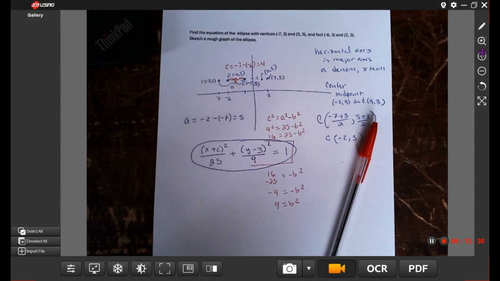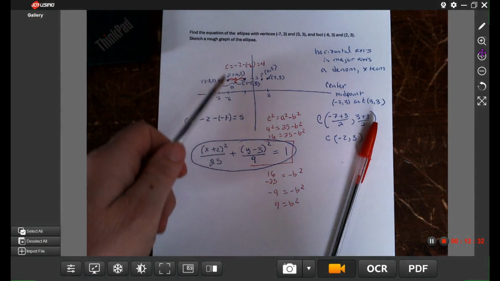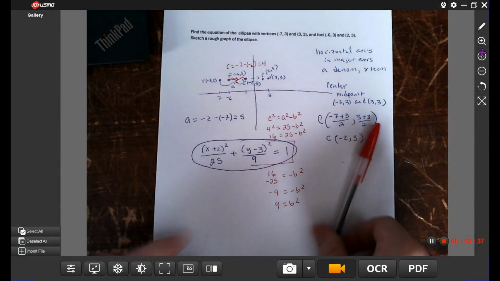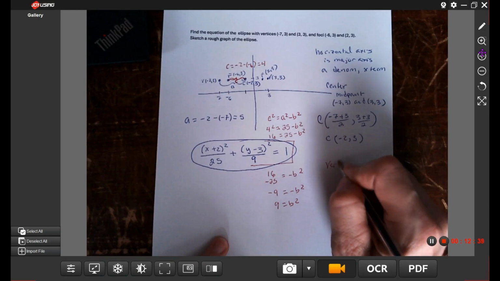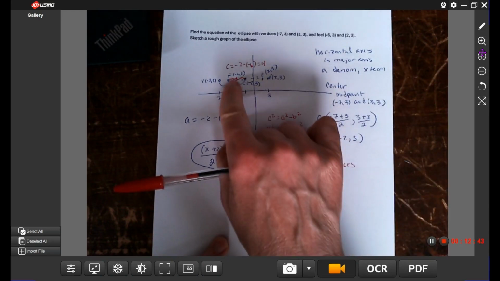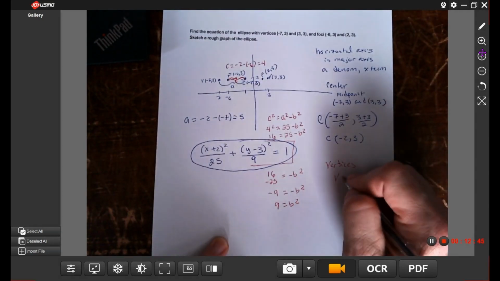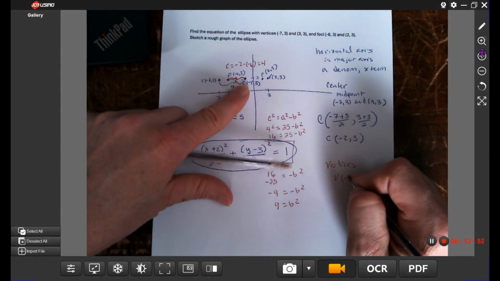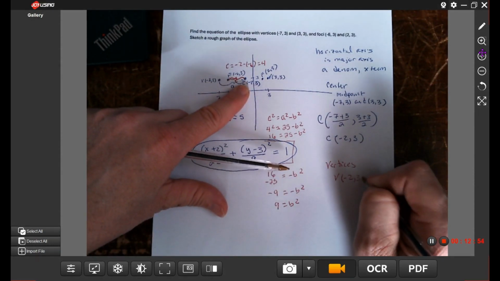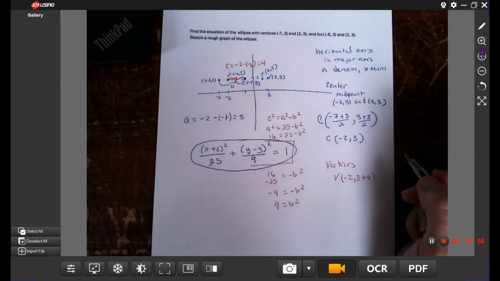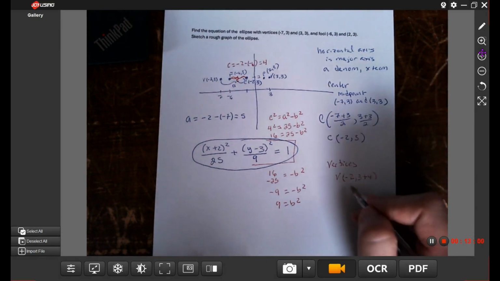But since it told me to make a rough sketch, I have everything on here except for the 2 vertices in the vertical direction, so I'm going to find the rest of the vertices in the vertical direction. So there's going to be one that goes up from the center a distance of c. So if I start at the center and I keep the x coordinate the same, and I take the y coordinate and I add c, which is 4, that will get me the vertex on the top.